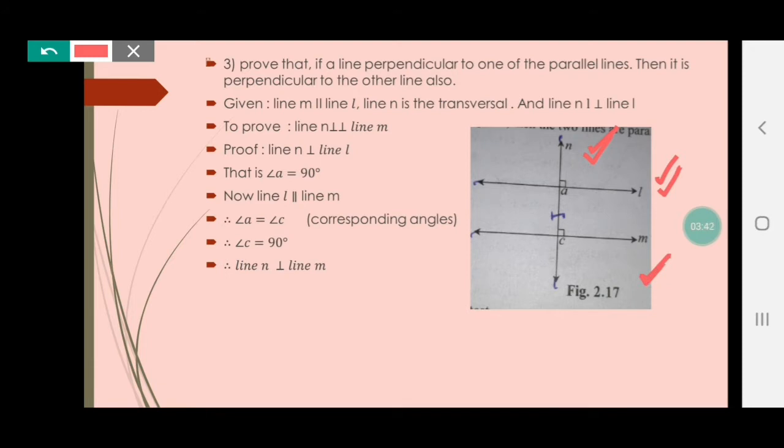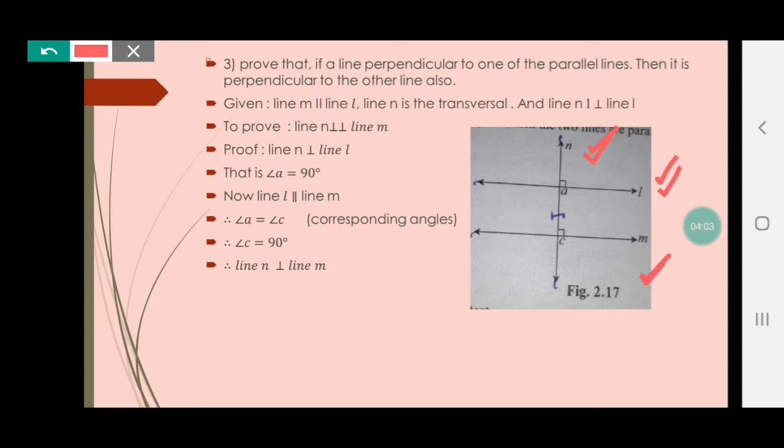Now we all know that line L is parallel to line M. As they are parallel, their corresponding angles will be equal. So angle A is equal to angle C. Now we all know that if a line is perpendicular to the given line, the angle so formed at the point of contact is 90 degrees.